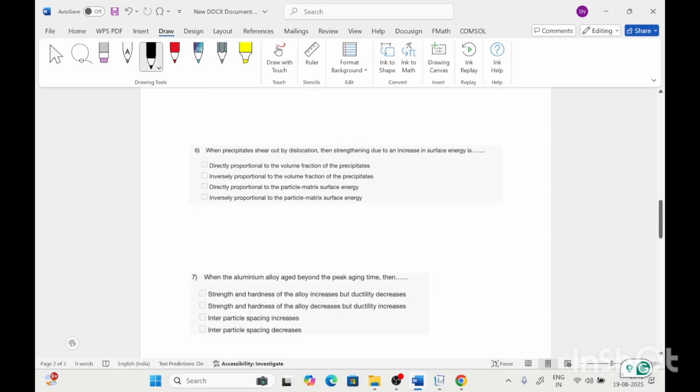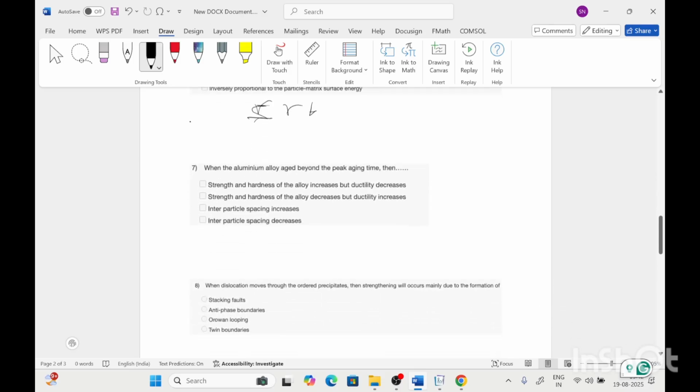The sixth question is, when precipitates are sheared by dislocations, then strengthening due to an increase in surface energy is directly proportional to volume fraction, and proportional to particle-matrix surface energy. This is given by gamma and F power half. Yes, both of them.